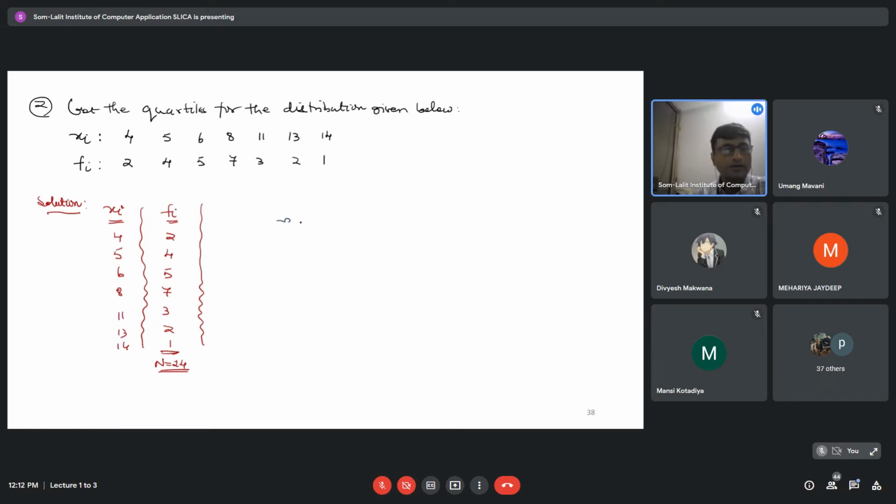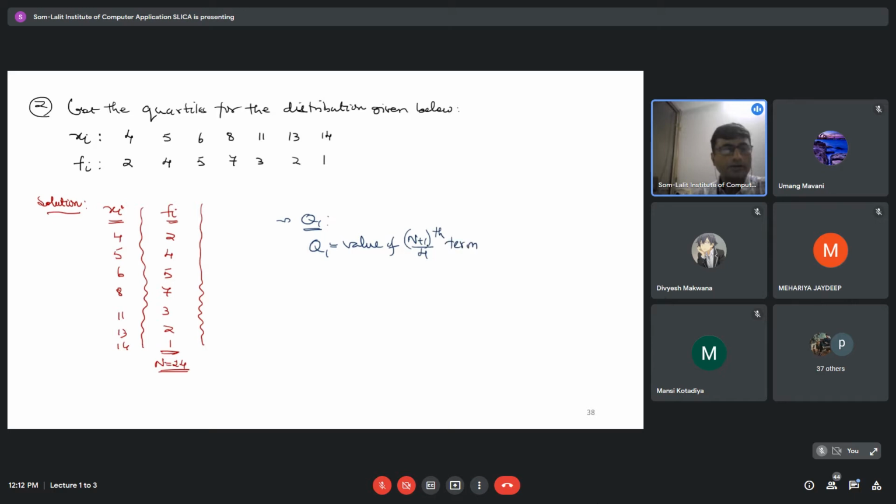The first one, you are asked for quartiles, so Q1. What's the Q1? The value of the (n plus 1) by 4th term, to find the observation at this place.